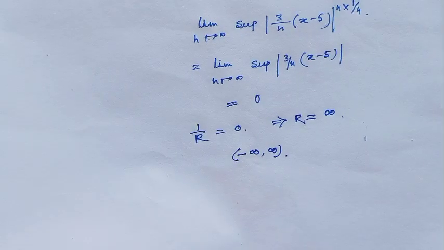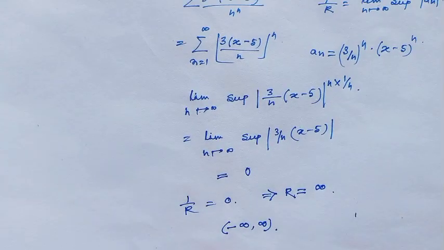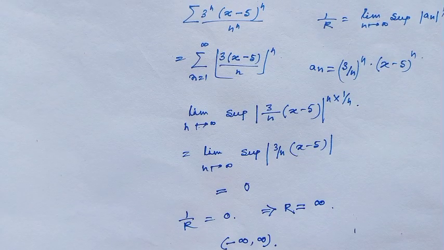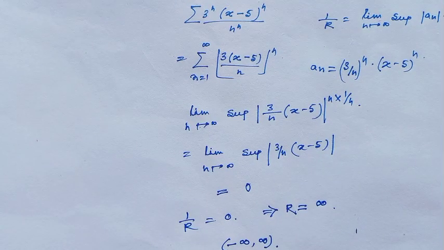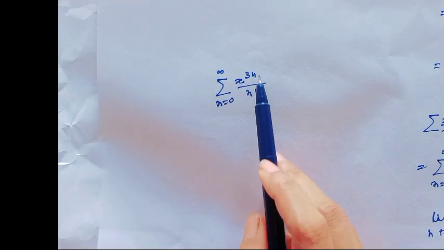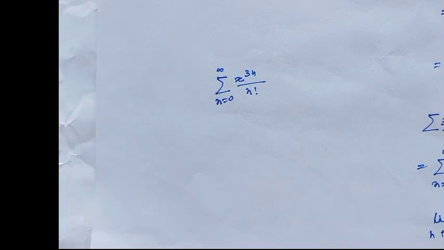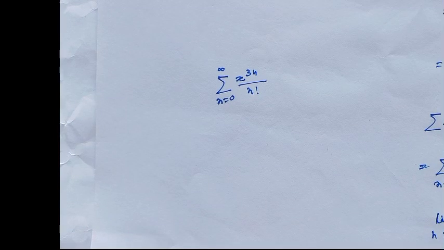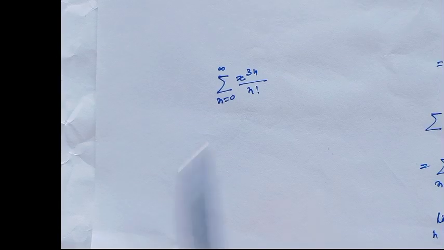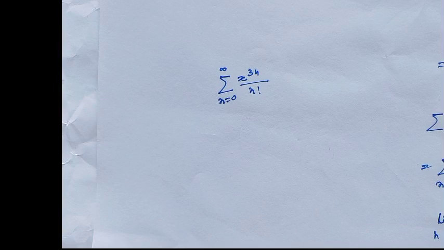Okay, I hope all my viewers have understood why I use the Cauchy-Hadamard test here. Actually today's goal of this lecture is this: which test would be applicable? Consider this power series and what is the radius of convergence of this power series. Today's goal is which test would be applicable for this power series, Cauchy-Hadamard or ratio test.